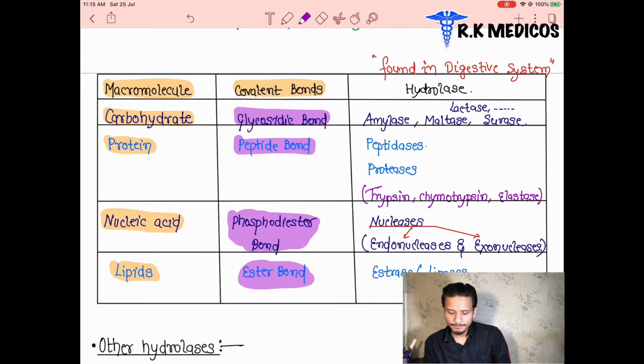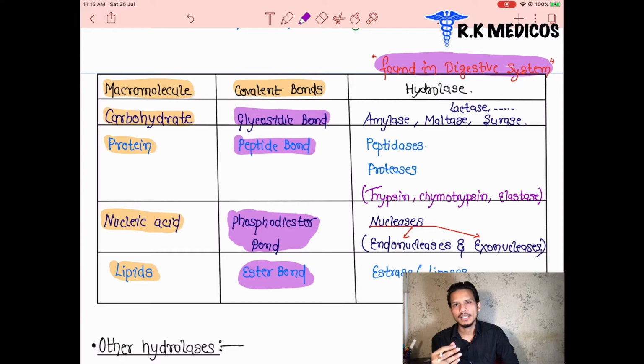These are found in our digestive system, basically, where different enzymes are released and act on the food particles we eat, that is carbohydrate, protein, nucleic acid or lipids. These enzymes perform their action on them.